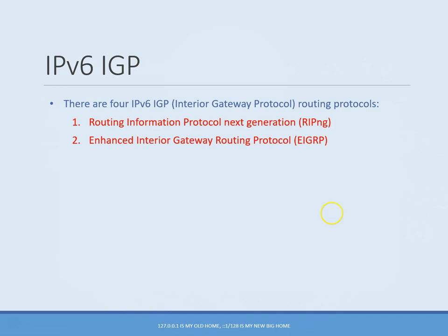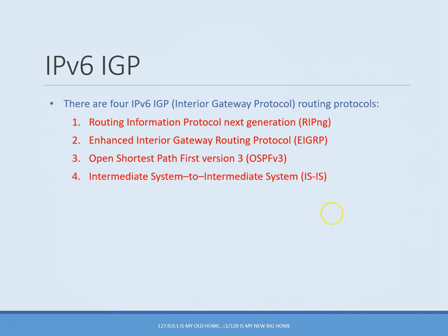Number two, Enhanced Interior Gateway Routing Protocol, EIGRP. Number three, Open Shortest Path First version 3, OSPFv3, and the last one is Intermediate System to Intermediate System, IS-IS. These four protocols are famous and commonly used in current organization networks.